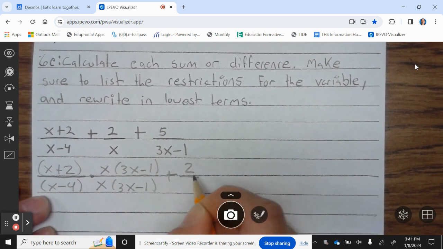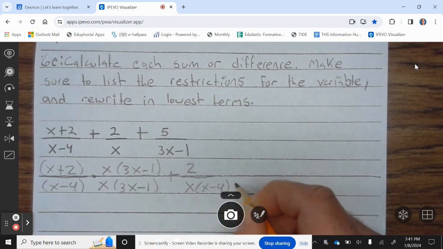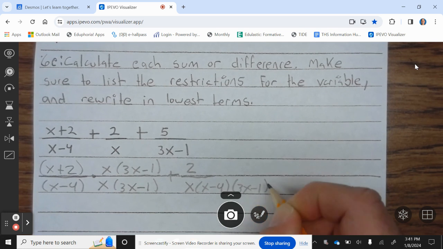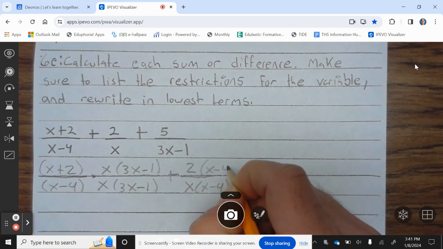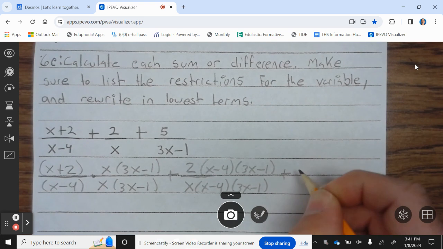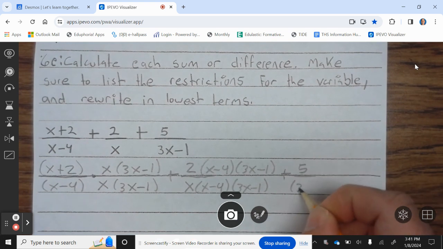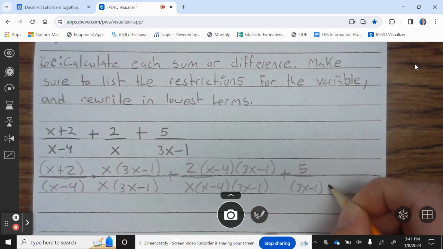Plus 2. This already has an x, needs an x minus 4 and a 3x minus 1. Plus 5. This has 3x minus 1, but it needs an x and an x minus 4.